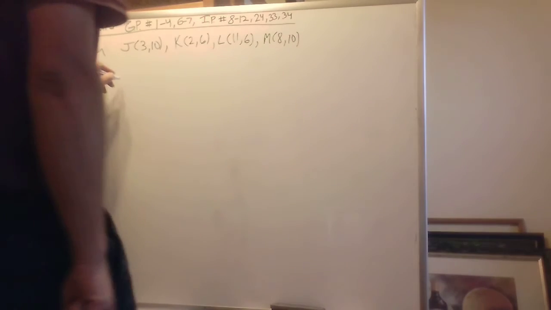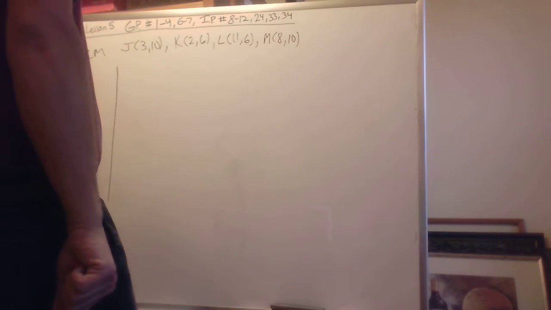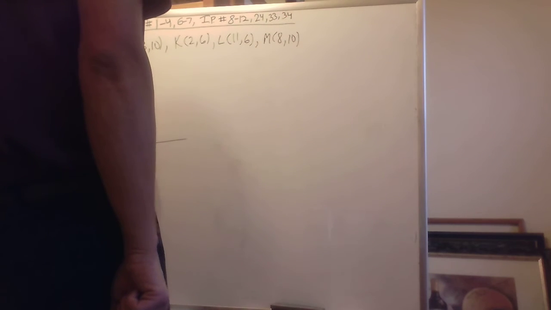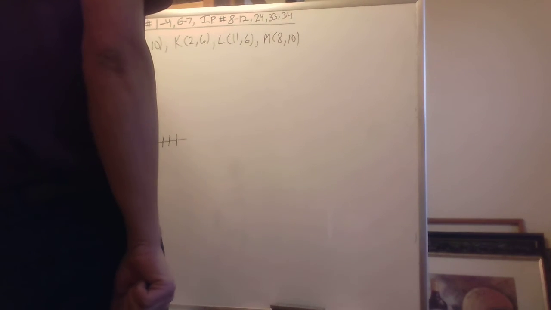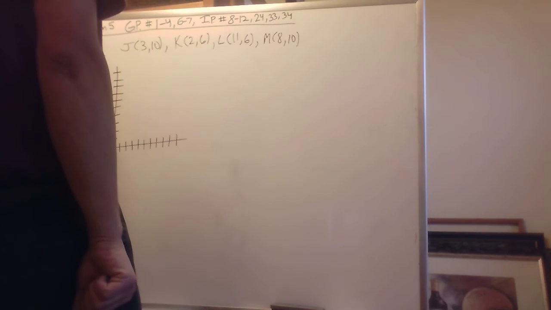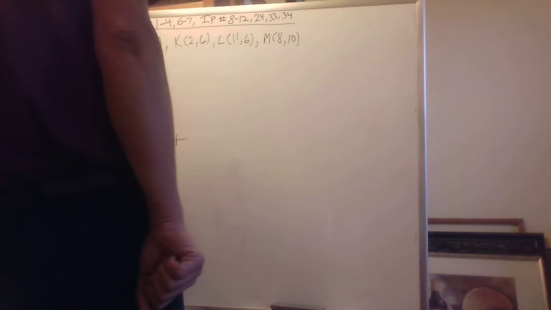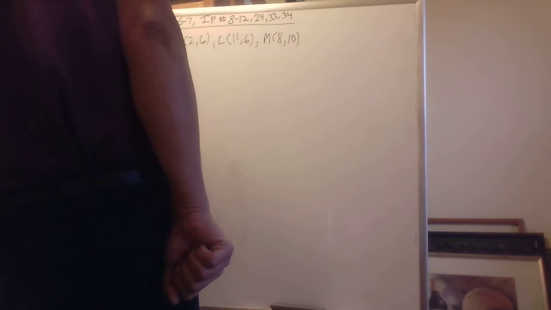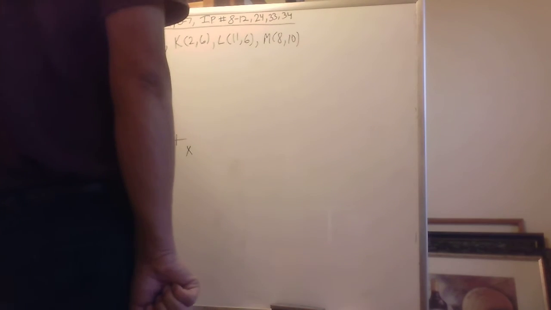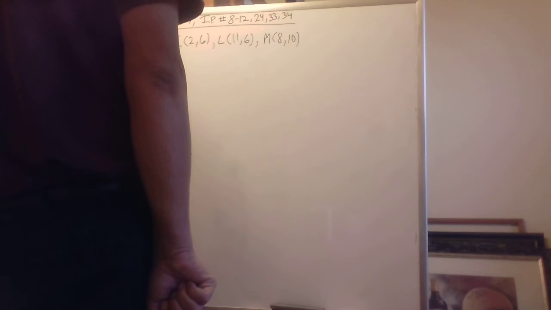So what we could do now, I'm just going to graph. So J is at (3, 10), which is right here. K is at (2, 6).